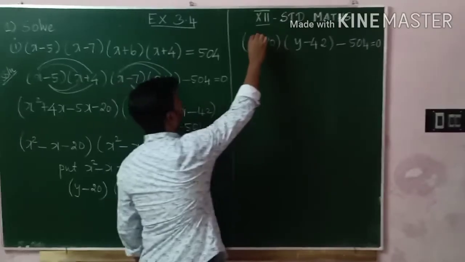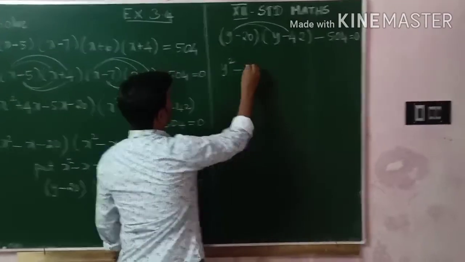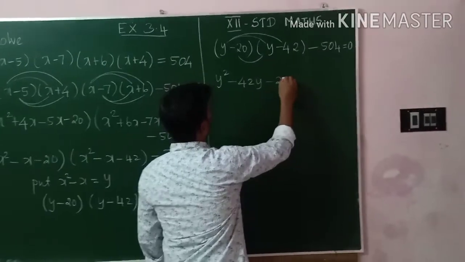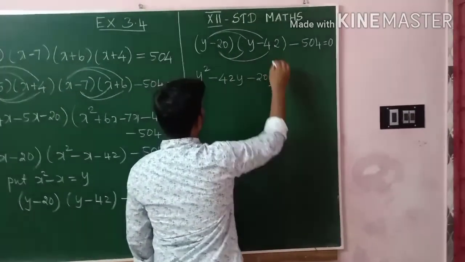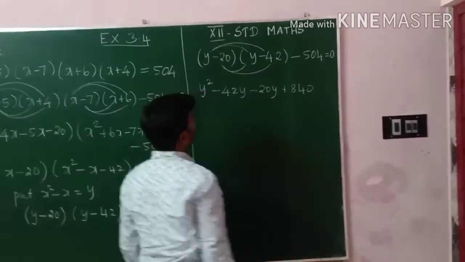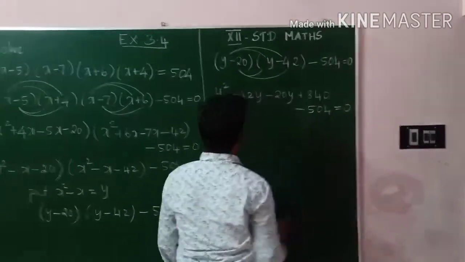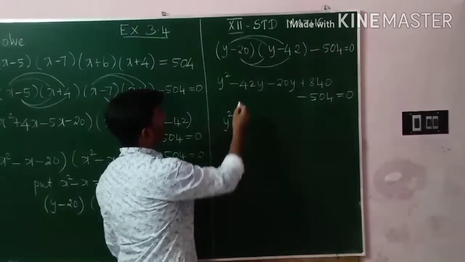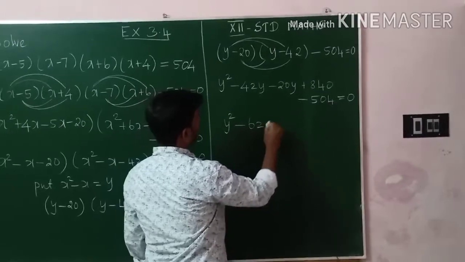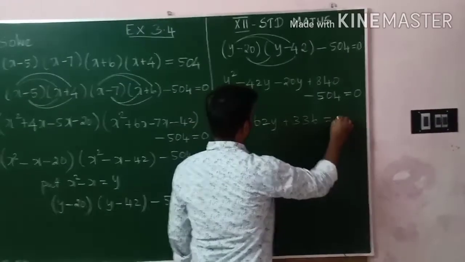So again we can multiply y into y, y square, y into minus 42, minus 42y, minus 20 into y, minus 20y, minus into minus, plus 42 into 20 is what? 840, minus 504 equal to 0. So y square minus 42y minus 20y, it is minus 62y, 840 minus 504, it is 336, equal to 0.